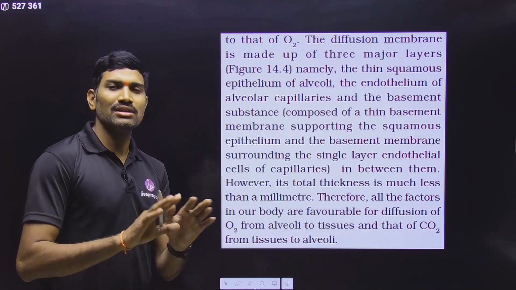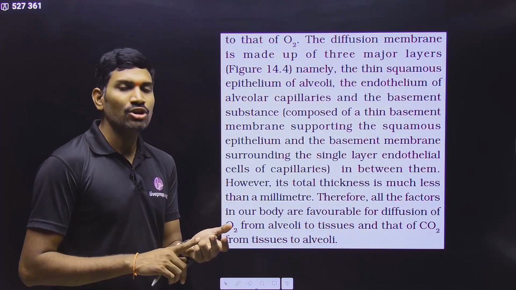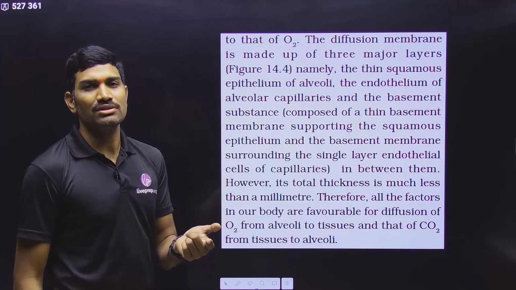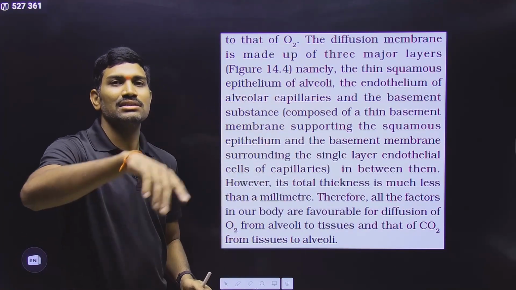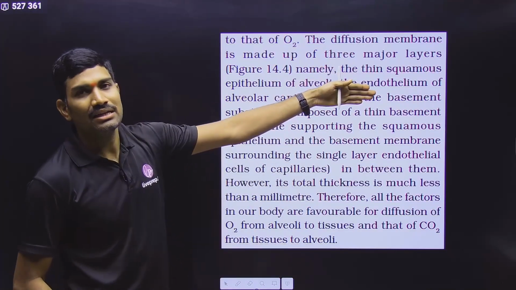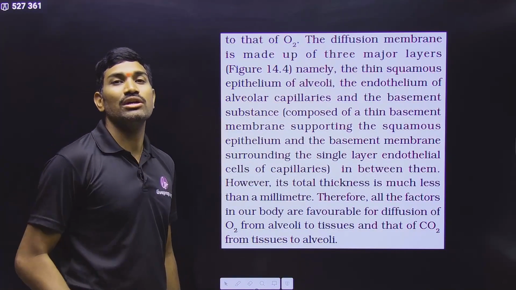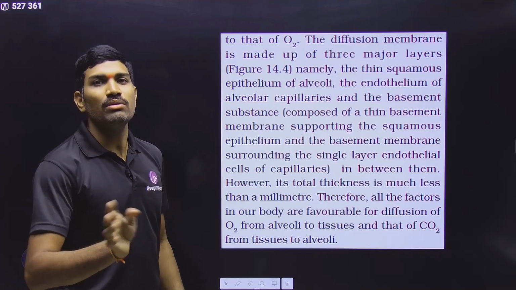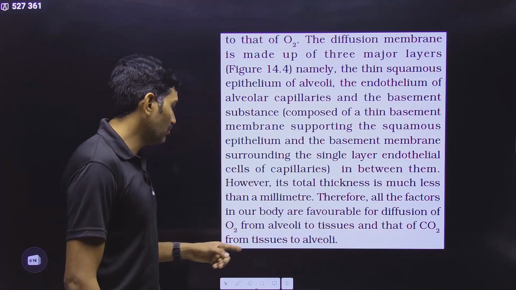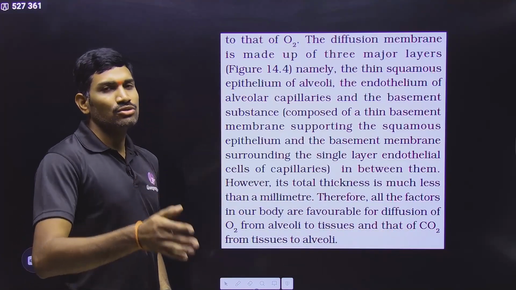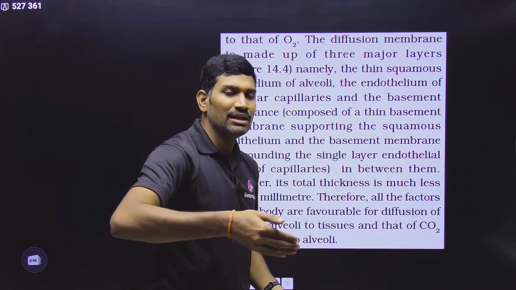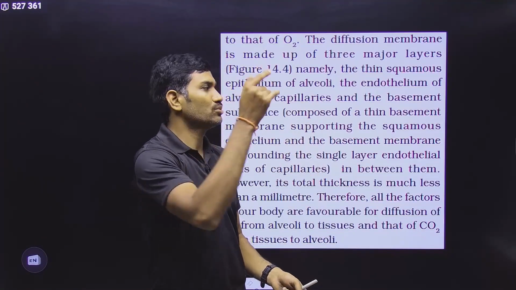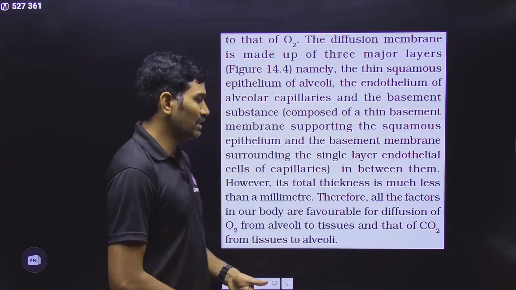So in this way, all the three factors, pressure gradient, solubility and thickness of the membrane, are favorable for transport of oxygen, or exchange of gases, here at the alveoli, and ultimately they are going to the tissues through the blood. This is what they are saying, and that of CO2 from the tissues to the alveoli. For CO2 also all the three factors are favorable, so that CO2 can easily move from tissues to the alveoli through the blood.